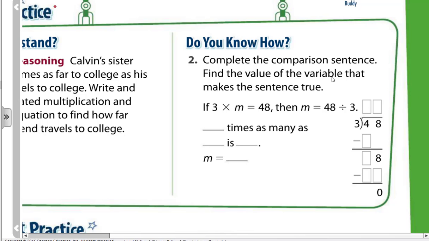Find the value of the variable that makes the sentence true. 3 multiplied by m equals 48. Then m equals 48 divided by 3. And we will use the long division, the division algorithm, to divide 48 by 3, and we will complete the sentence here to find m.